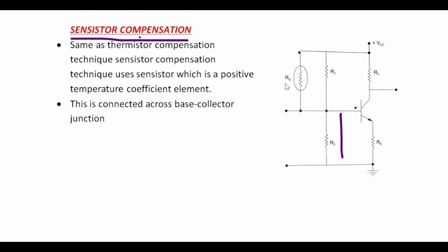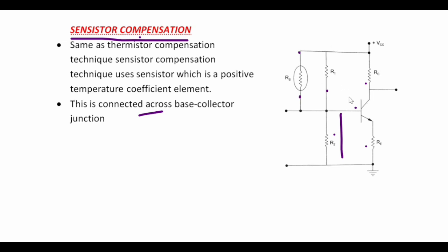Now let us see how this circuit compensates the collector current. We can see this is the sensistor RS, this is the resistor R1, this is the resistor R2, this is the collector resistor, and this is the emitter resistor, and this total setup is also in the form of the voltage divider method.